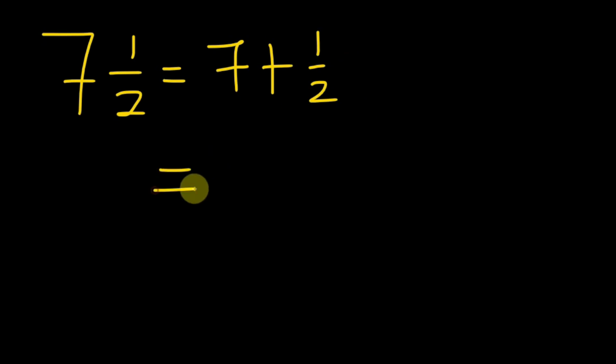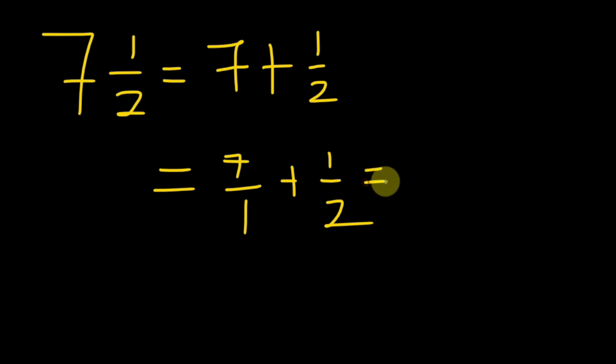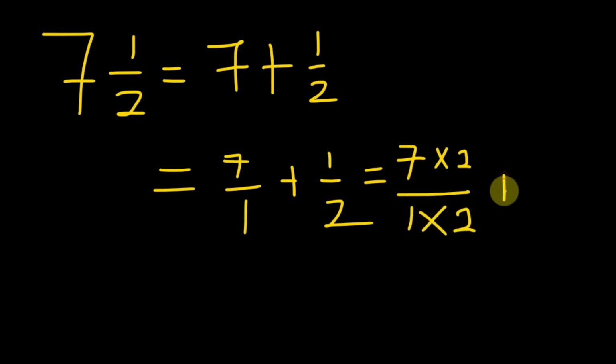This can also be written as 7/1 plus 1/2, which gives us 7 multiplied by 2, over 1 multiplied by 2, plus 1/2.